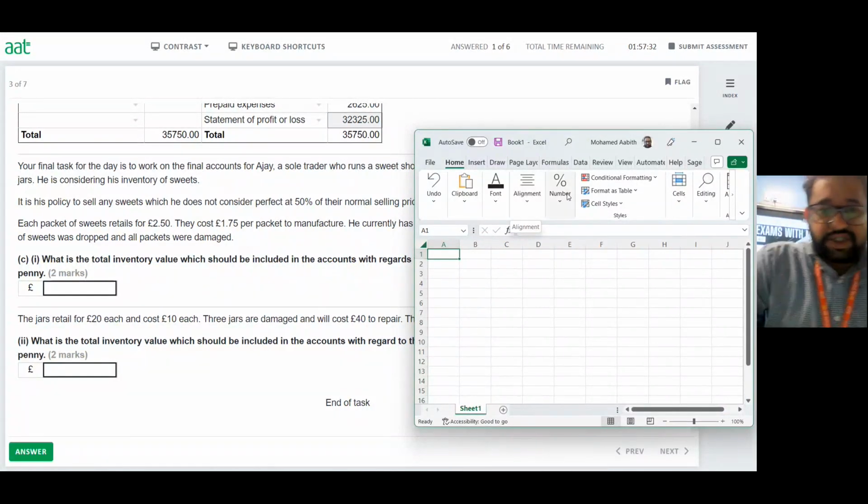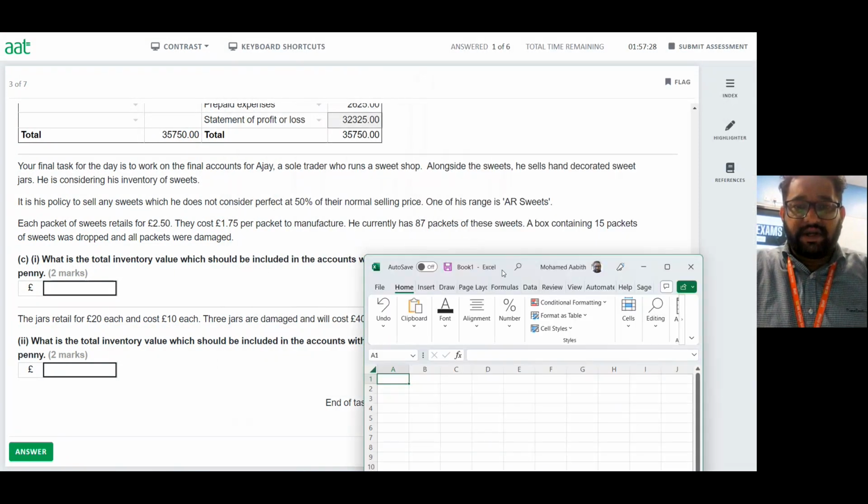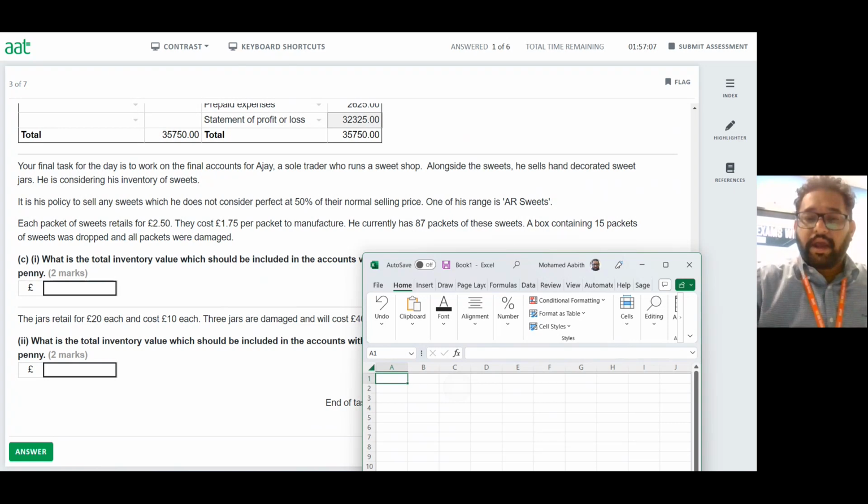So here, what we have in ourselves is a conundrum. There are 87 packets of these sweets there. What is the rule when you're going to account for inventory? We're going to find either the cost or the net realizable value as the value of my inventory.